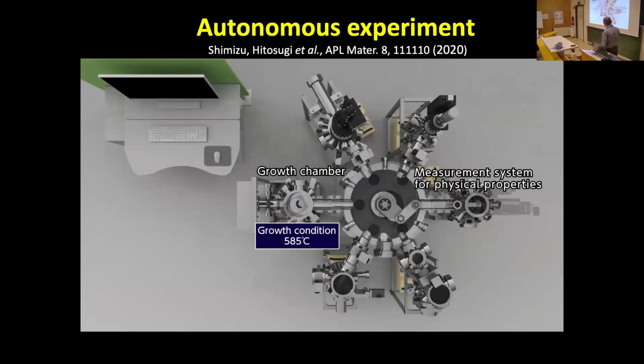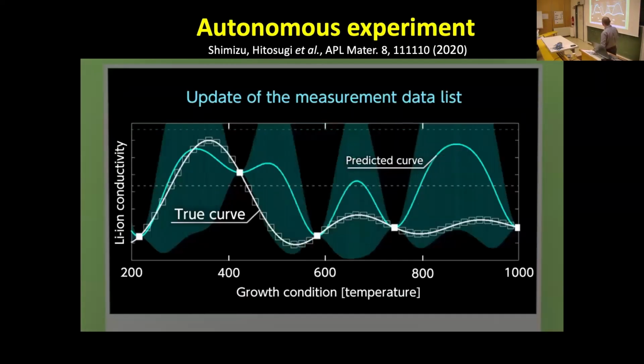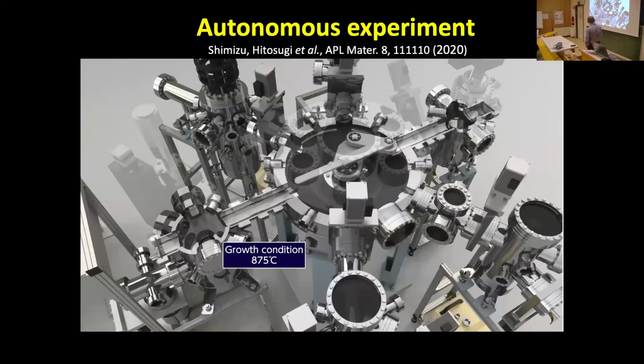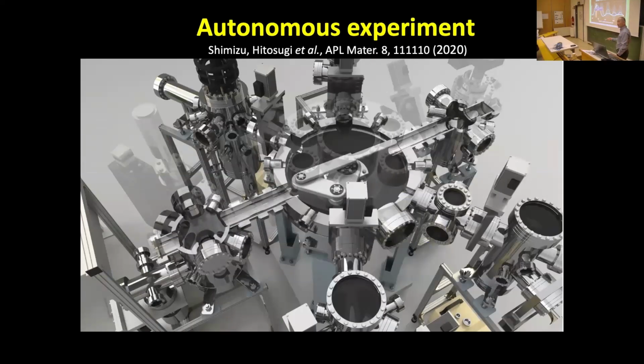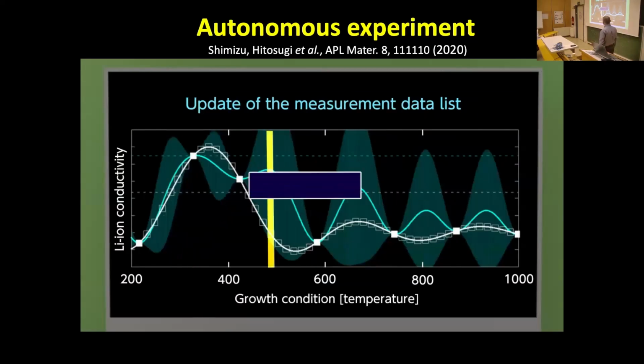The synthesis is done all by robot, and the sample is transferred to the measurement chamber, and the ionic conductivity is measured. Then it goes back to this Bayesian optimization, and again prediction is done, the next conditions are predicted, growth is done by the automatic chamber, and measurements. This goes through cycles many times without human intervention.